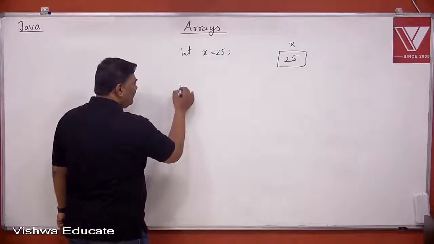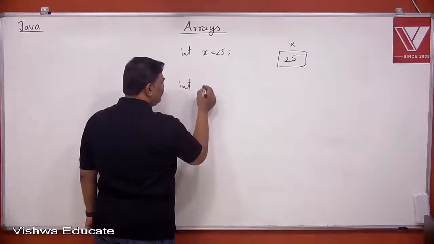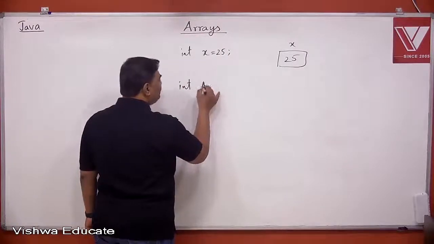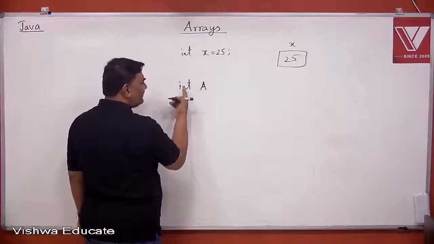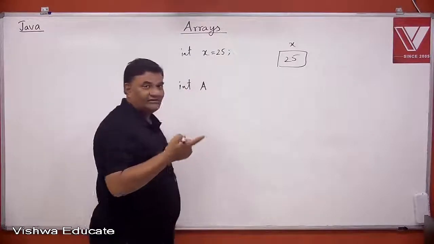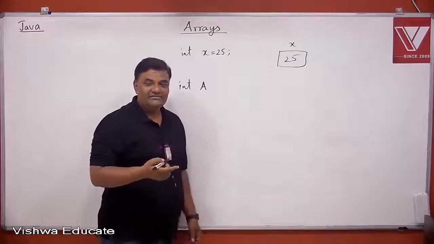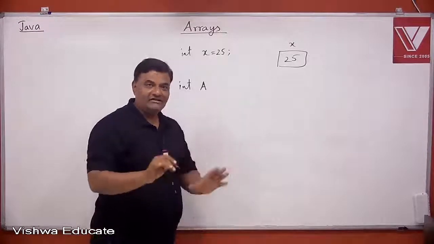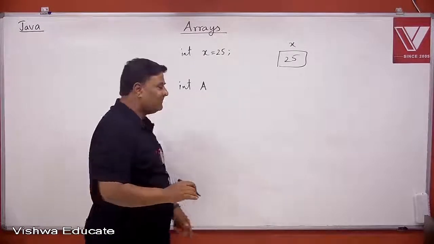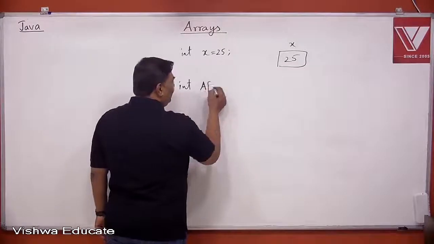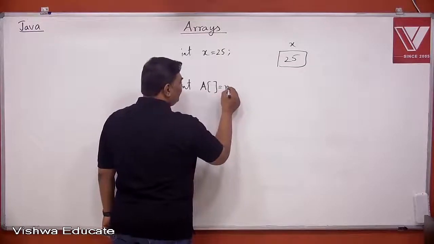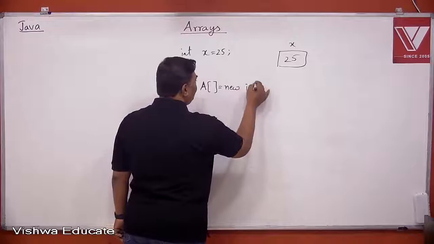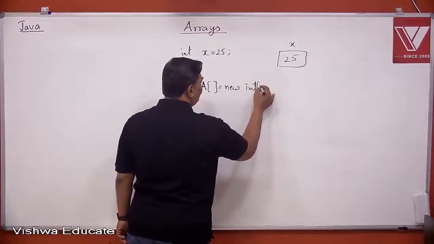For storing that, I should take an integer. I'm taking integer only, as it is easy to write, though there are a lot of other data types. As a standard, I always write integer as the data type. I can create an array of some size, a new int of size 5.